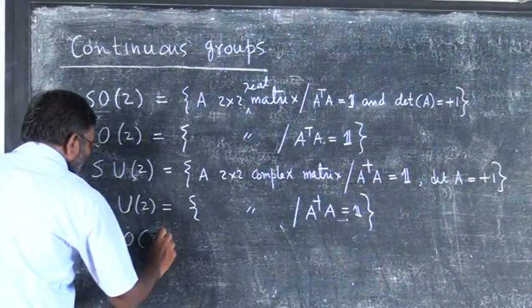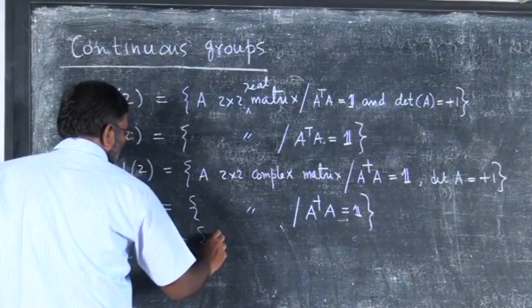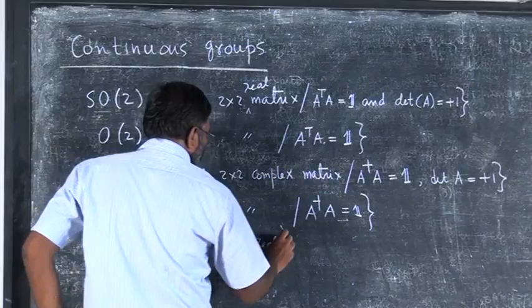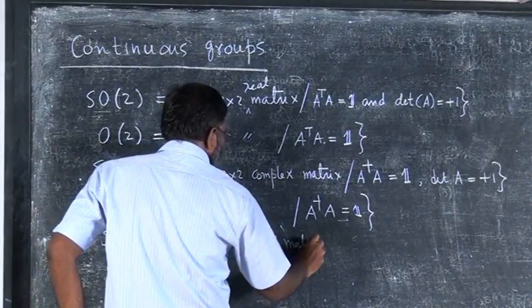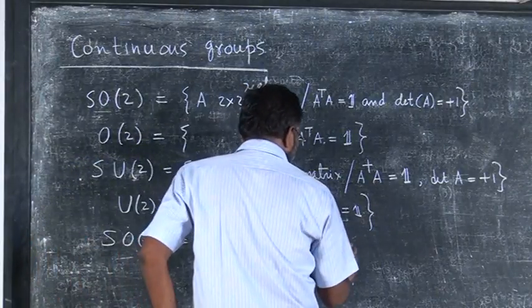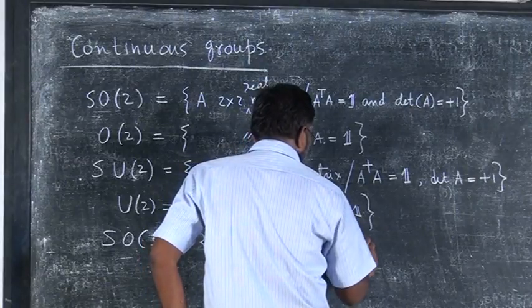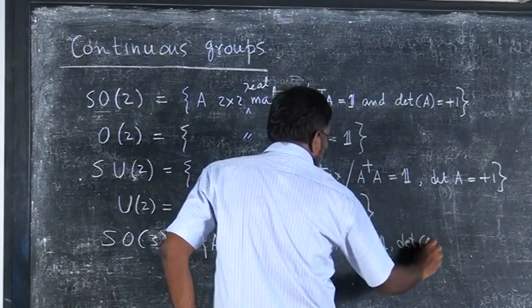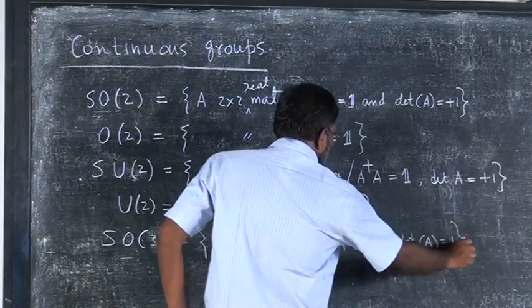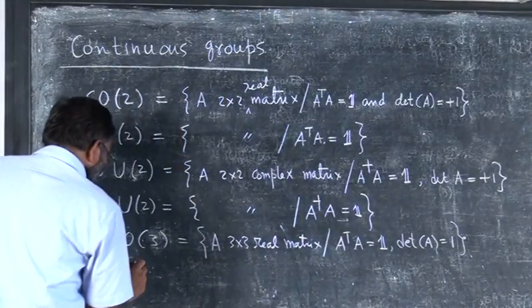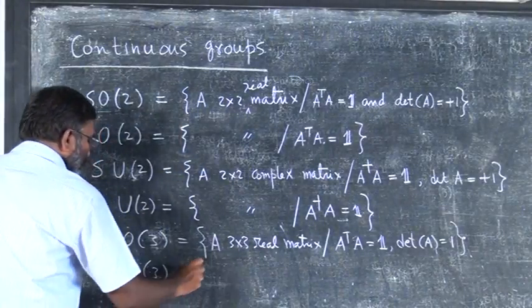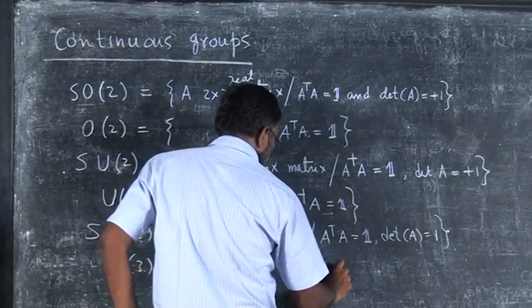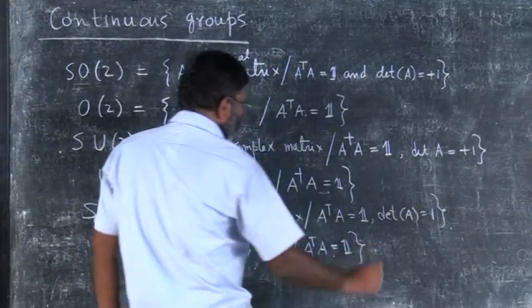Then we have SO3, which is 3 by 3 real matrix such that A transpose A is equal to identity and determinant of A is equal to 1. Then correspondingly we have O3, A transpose A is equal to identity.